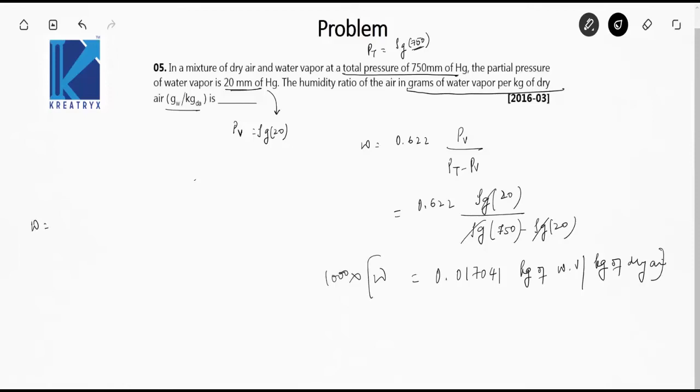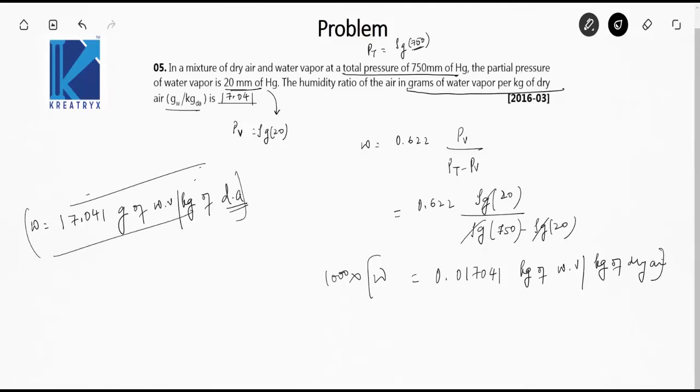The humidity ratio, or specific humidity, will be 17.041 grams of water vapor per kilogram of dry air. That is 17.041, this is our answer for this question. Okay, next question.